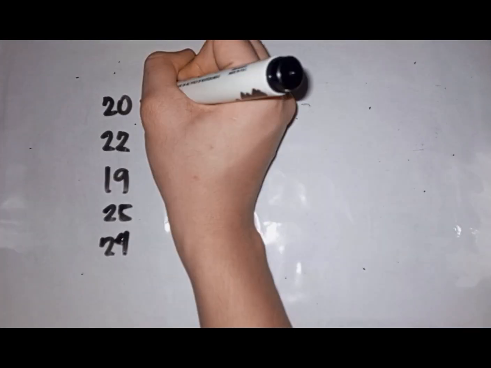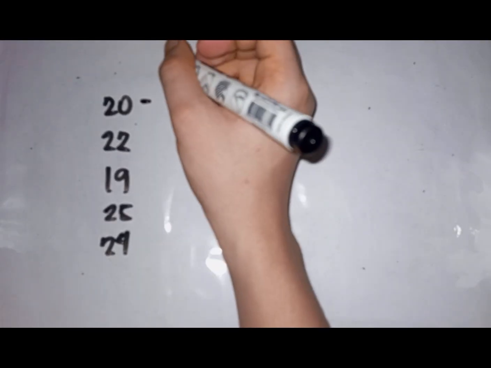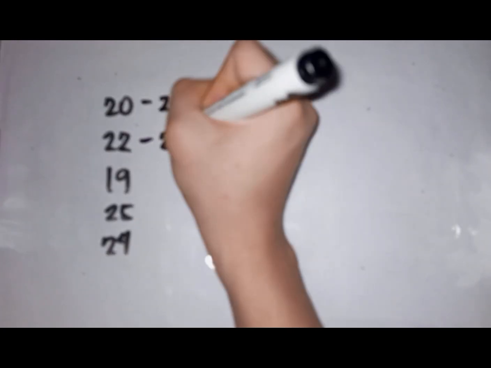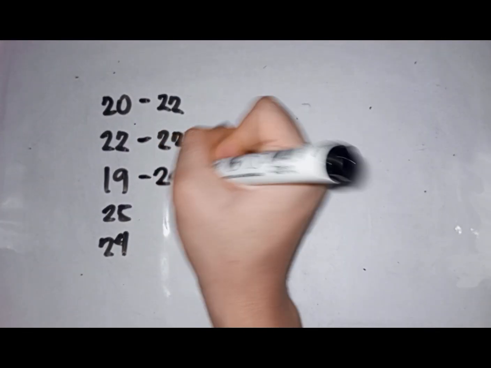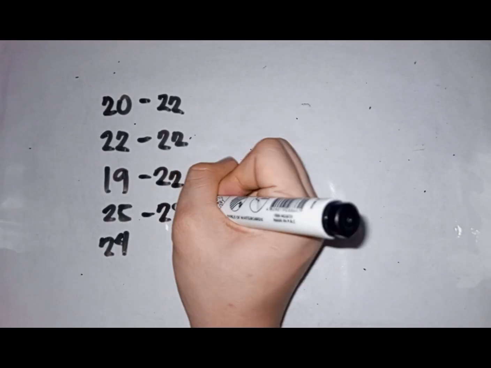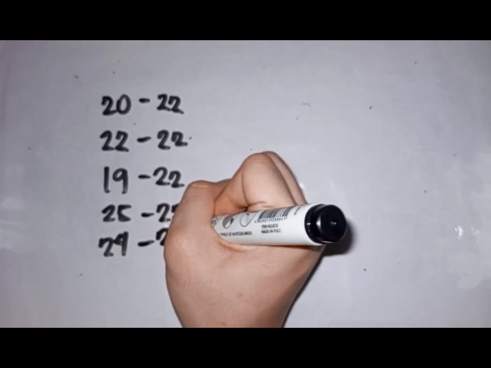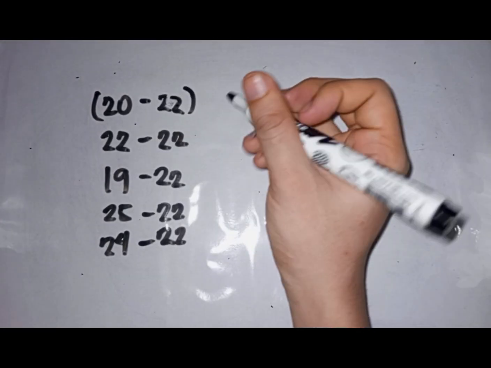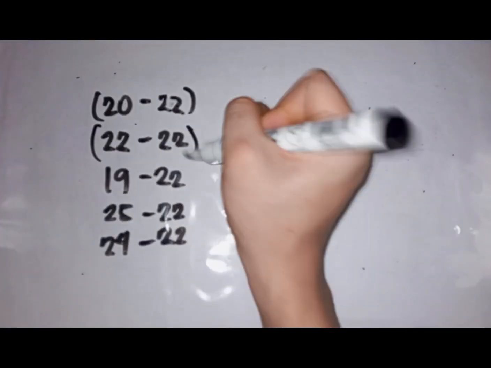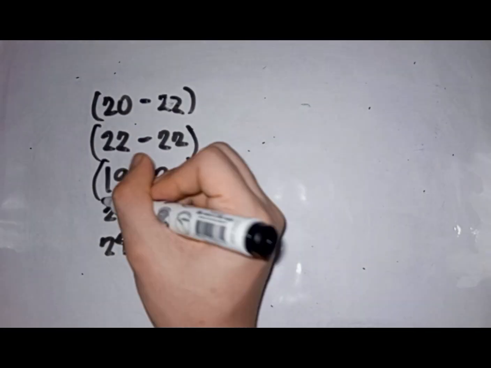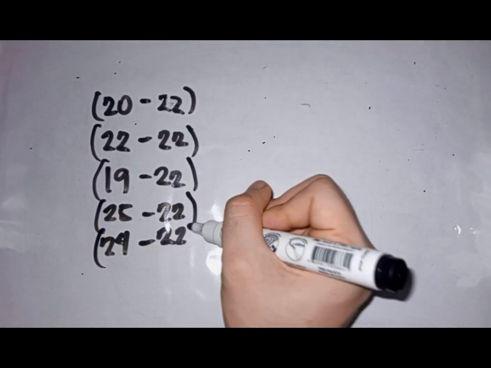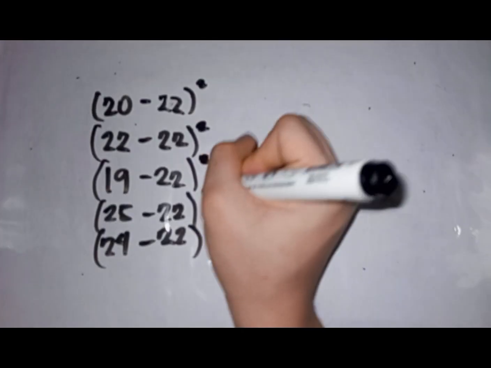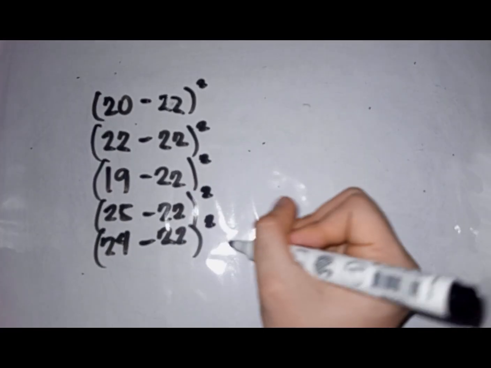Now we will subtract the mean temperature from each: 20 minus 22, 22 minus 22, 19 minus 22, 25 minus 22, and 24 minus 22. And now we're going to square each difference.